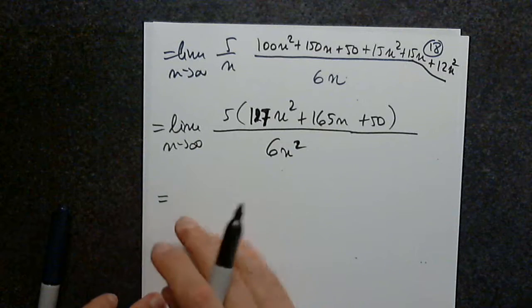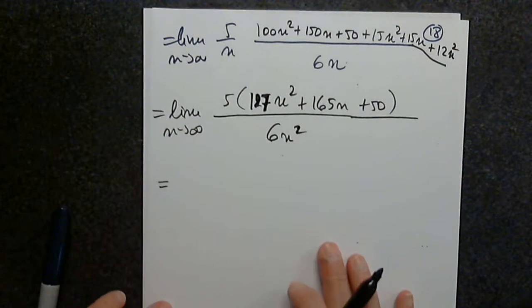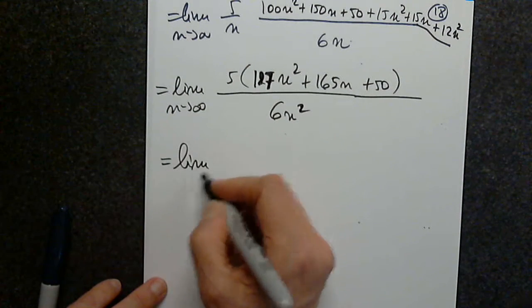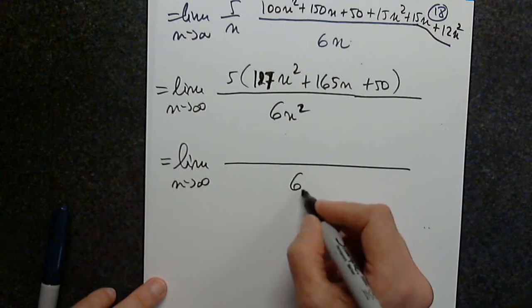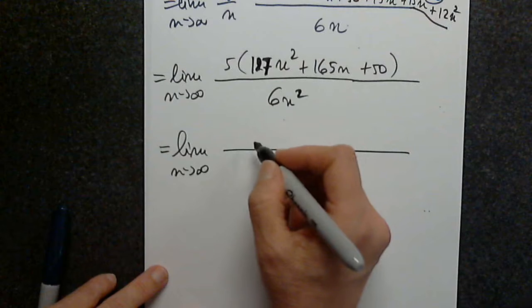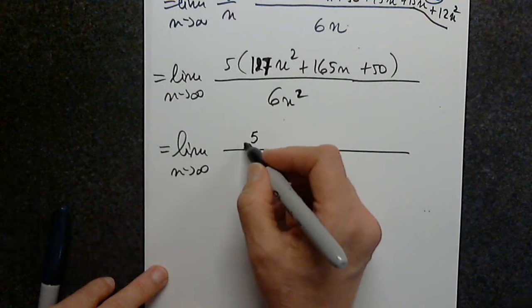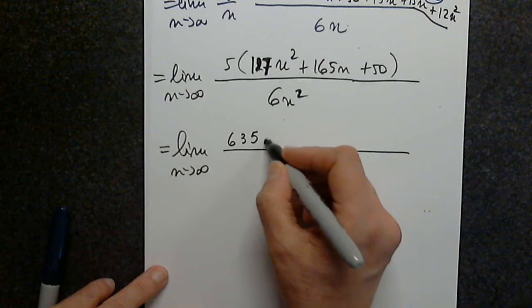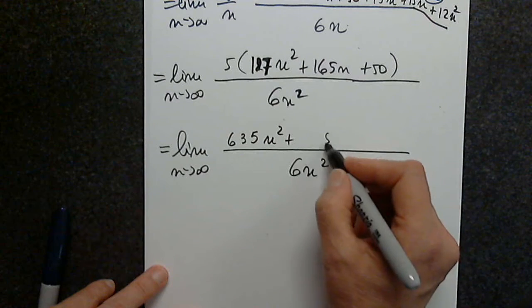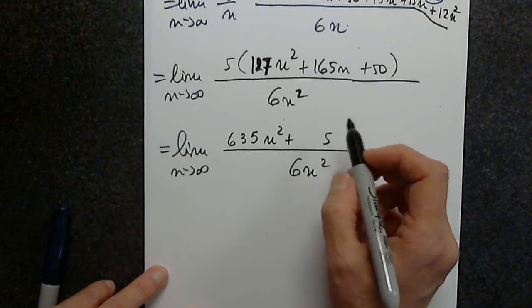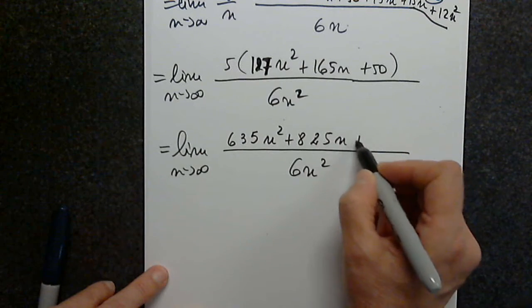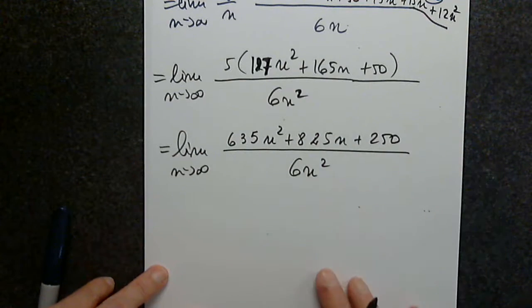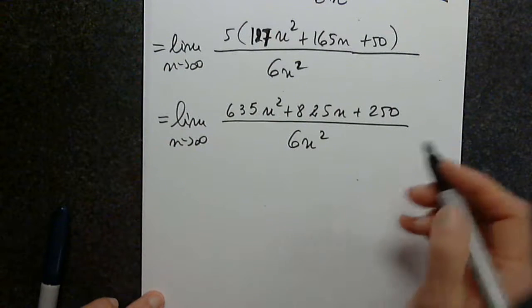We shouldn't continue, but let's say we don't know. And we'll continue with the limit as n approaches infinity, 6n squared, n squared plus 250.